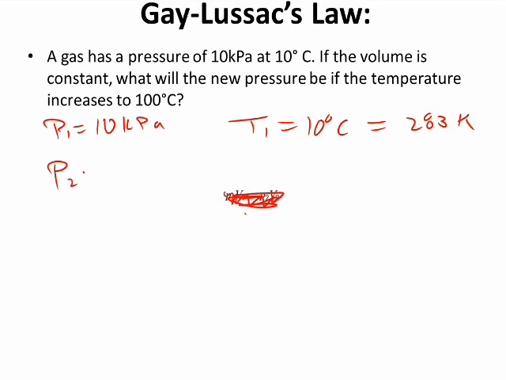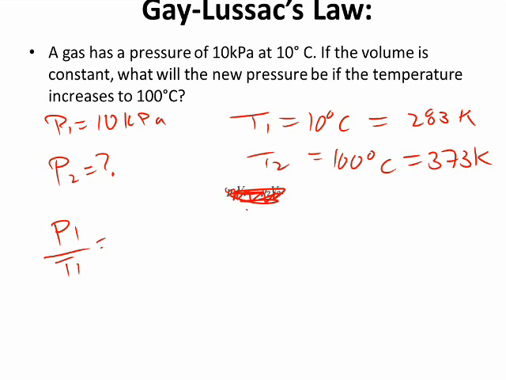Pressure 2 we don't know, but temperature 2 is 100 degrees Celsius, which is 373 Kelvin. So we have P1 over T1 equals P2 over T2, and we're solving for P2, so we have T2 over T1 times P1 equals P2.